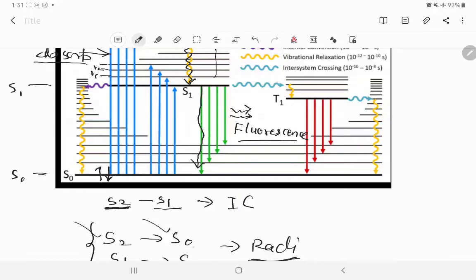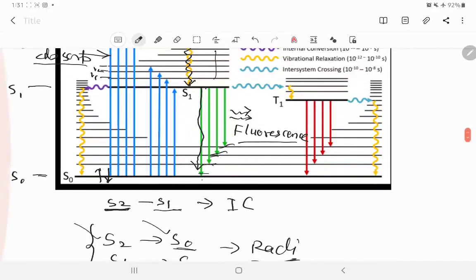When it comes to the lower singlet state, the transition may also be to a higher vibrational level. If we consider absorption and emission, the absorption has high energy while the emission has low energy.